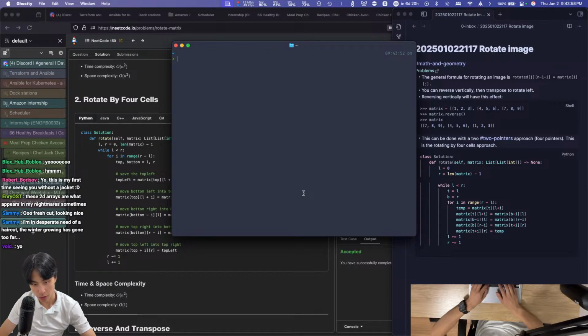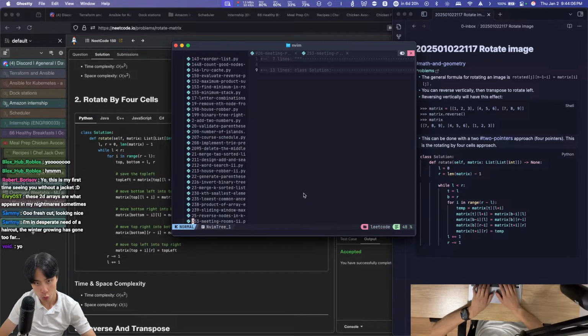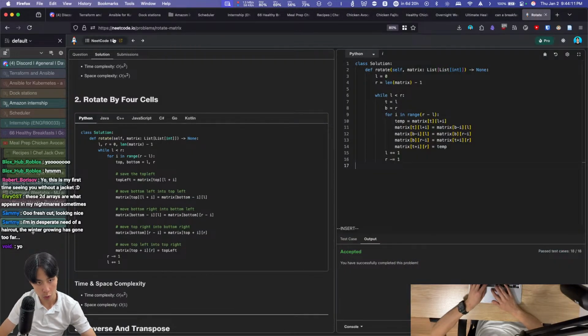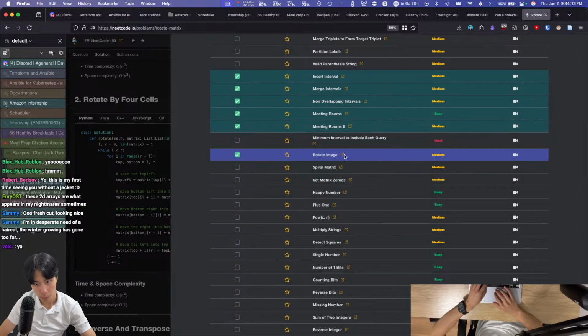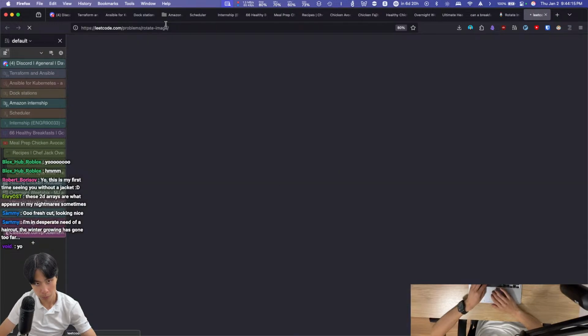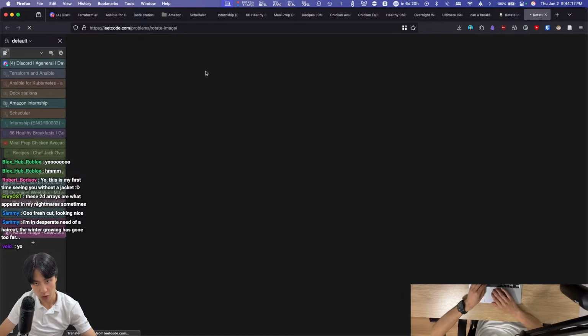What are we doing? Okay, so we go to Leetcode, we go to nvim. We add a new problem. So the rotate image Leetcode problem.